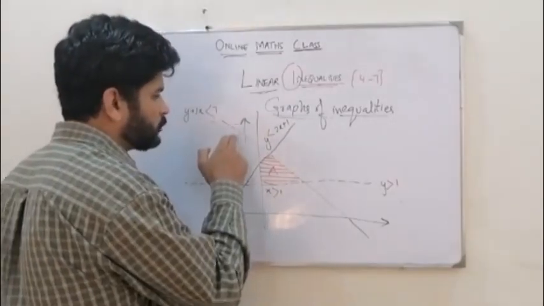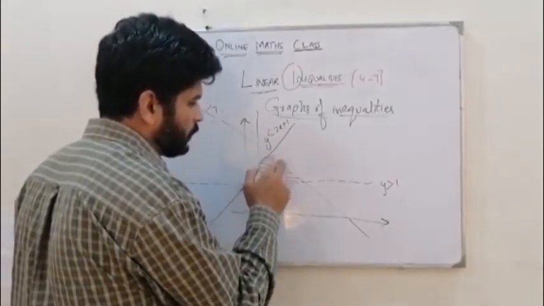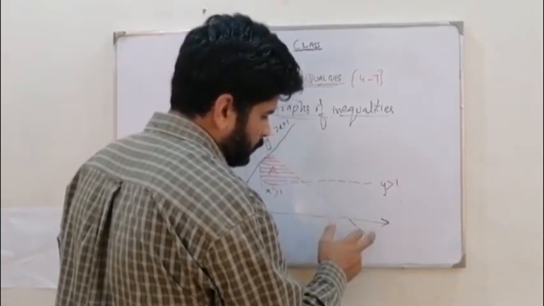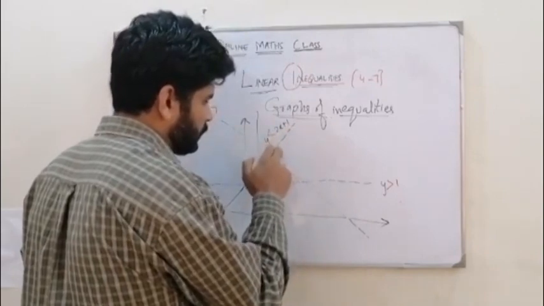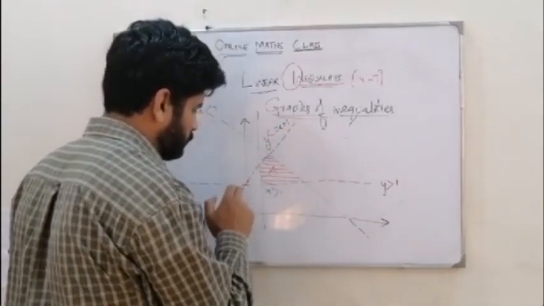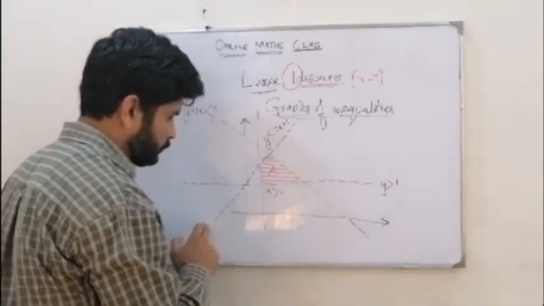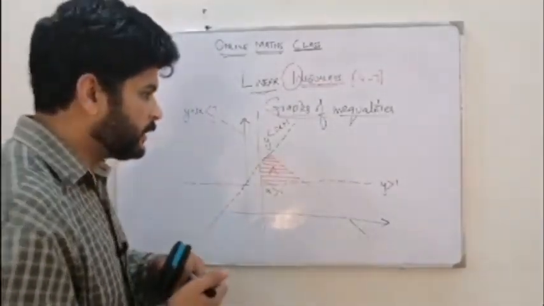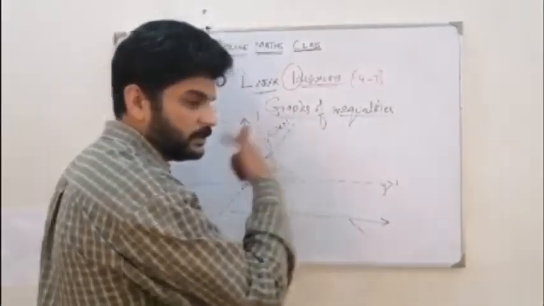You will be given either a solid line or a dotted one. Now these are dotted lines, look. Now these three inequalities were for the dotted lines.